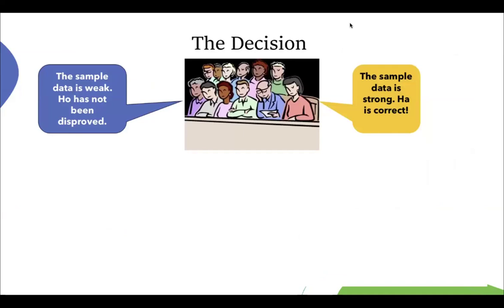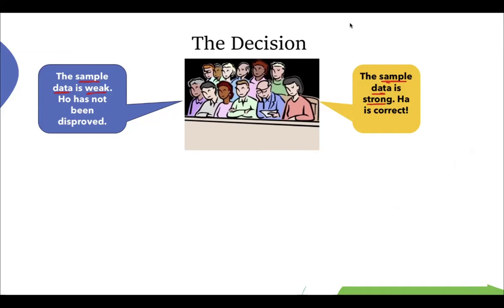So let's look at the decision. Let's imagine a jury making decisions in a trial. And here we have one side of the coin, sample data being provided is weak sample data. H0 has not been disproved. And on the other side, sample data is strong.